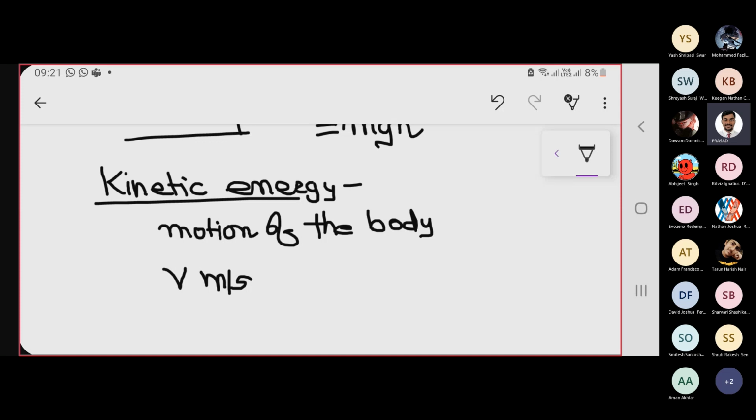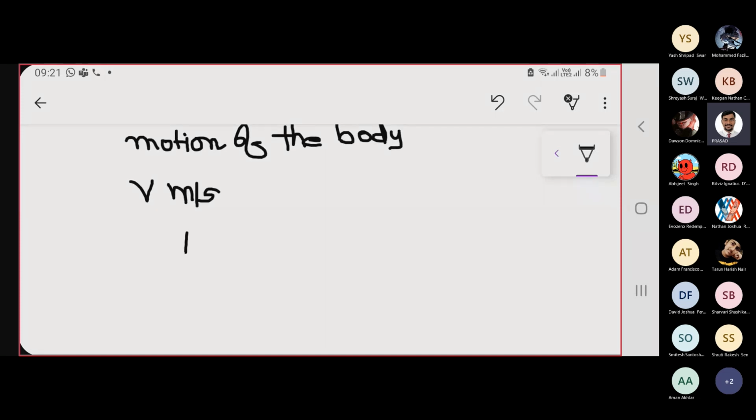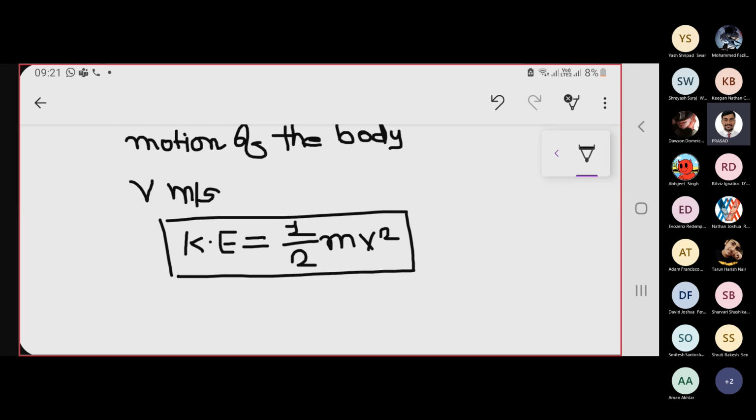Kinetic energy is defined as half into mass into velocity square, half mv square. You know that.